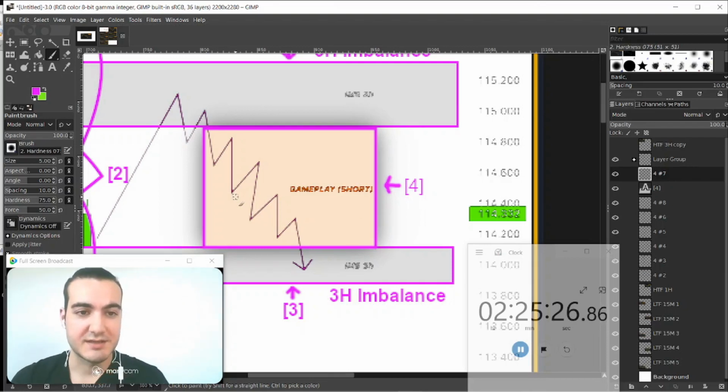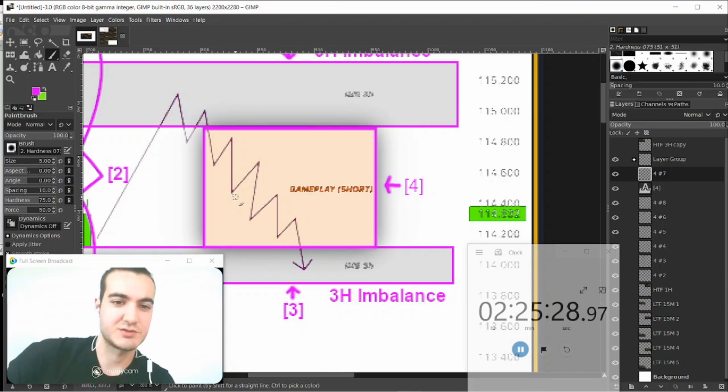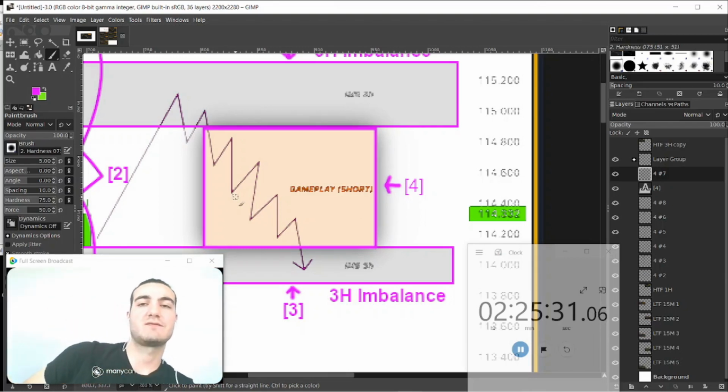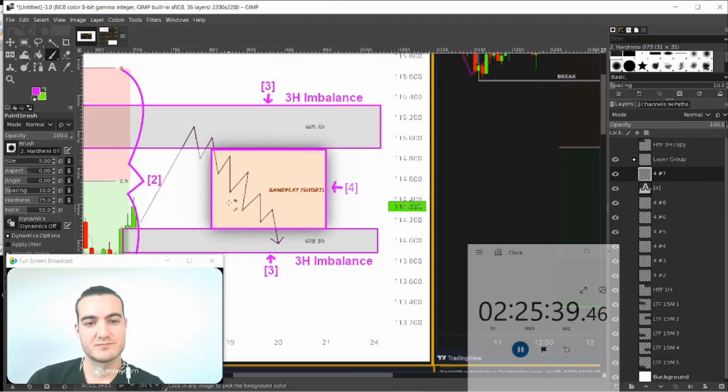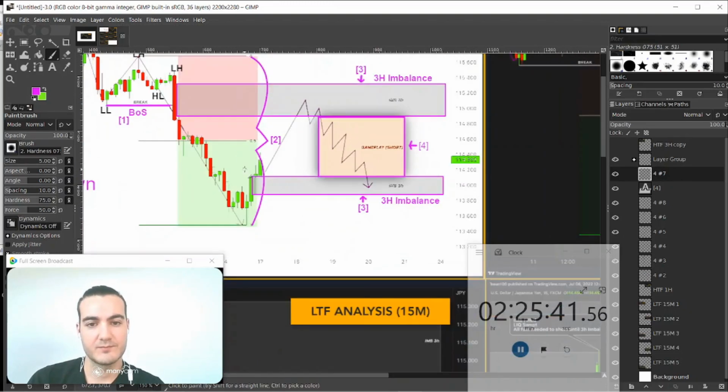And you can use a simple drop shadow to give the appearance of depth, of 3D, especially when you have overlapping lines like this. It just makes it look a lot more clean.